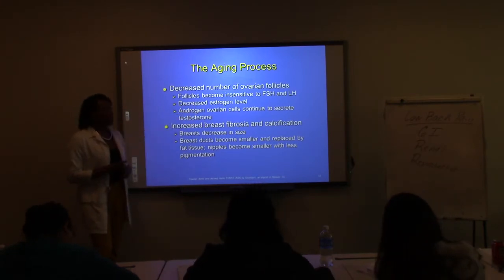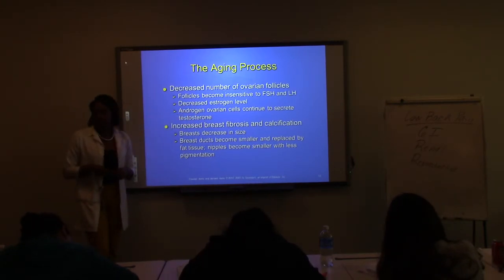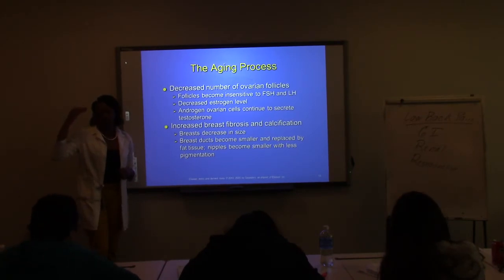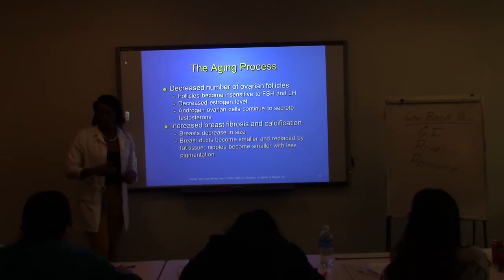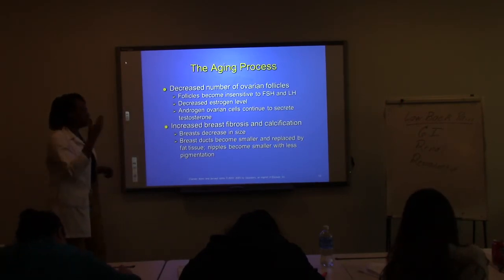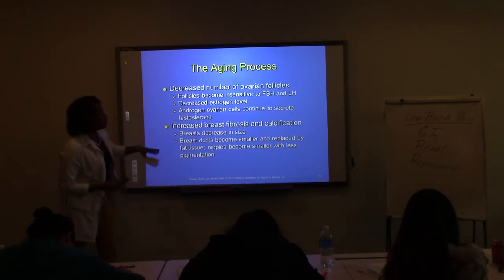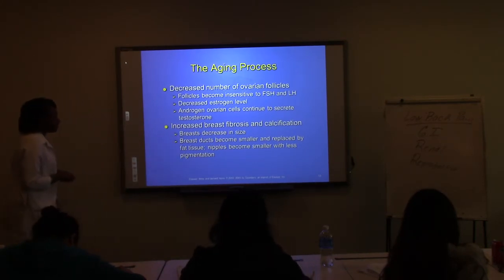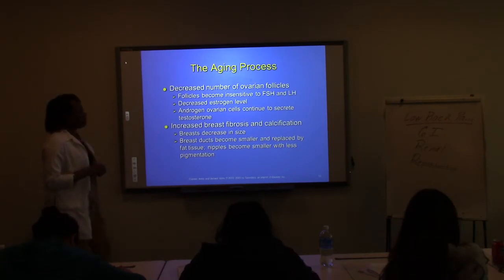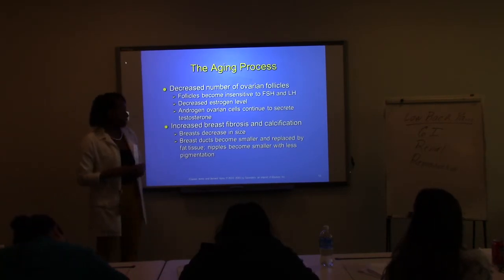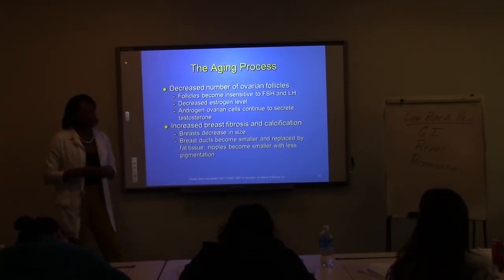Remember from physiology, the endocrine system, LH and FSH from the pituitary gland. If we didn't have those two hormones, we will not have estrogen and progesterone, because we need those precursors. Another thing too, there's an increase in breast fibrosis and calcification. Breasts can also decrease in size, and the ducts are replaced by fat tissue.